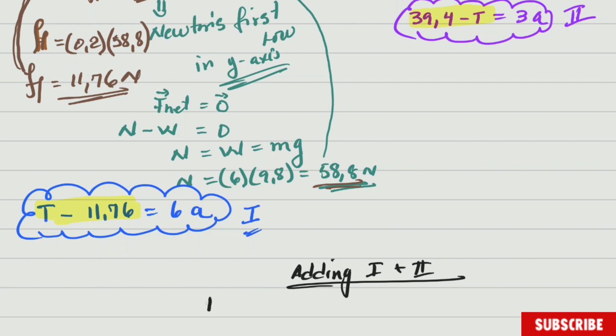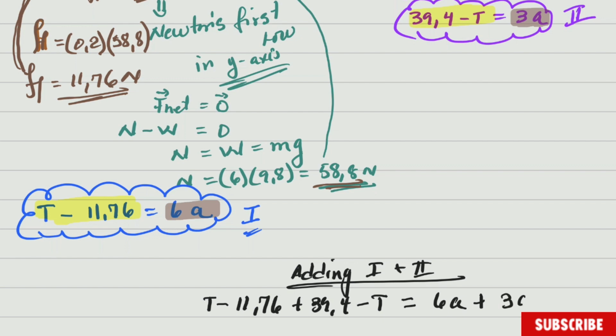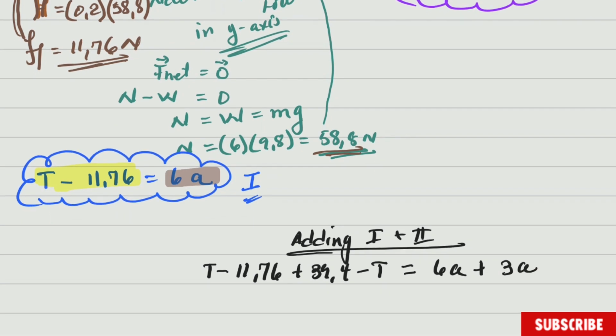So I say T minus 11,76 plus 39,4 minus T. And all that is equal to, I'm going to add now everything that is on the right hand side. So everything that is on this side, I'm going to add it now, is equal to 6A plus 3A. And this is simple calculation, guys.